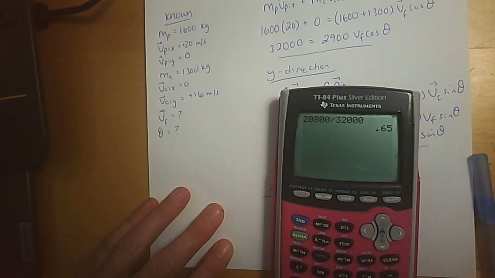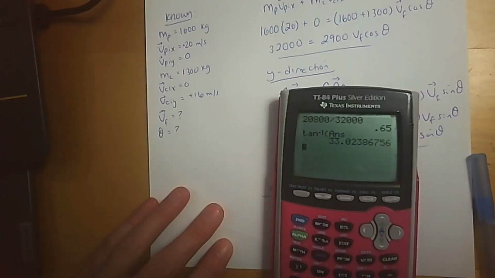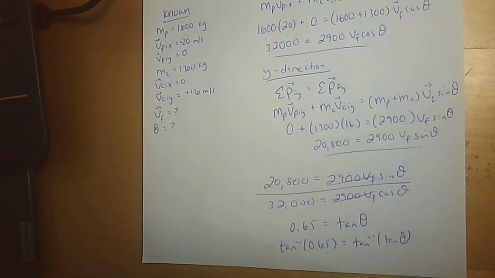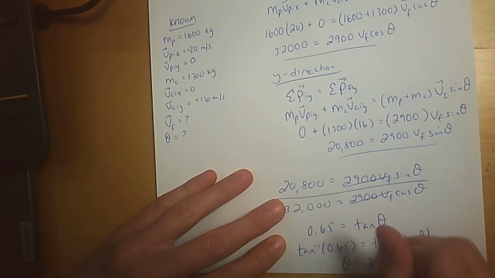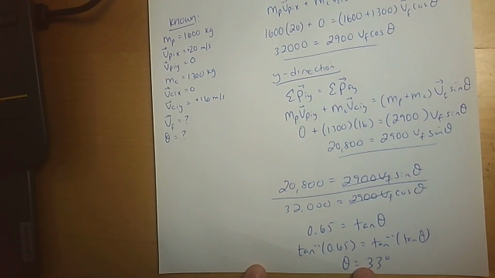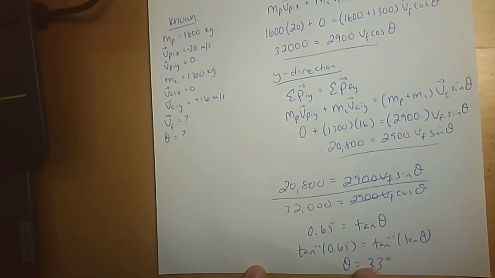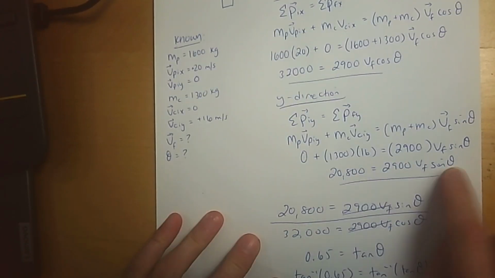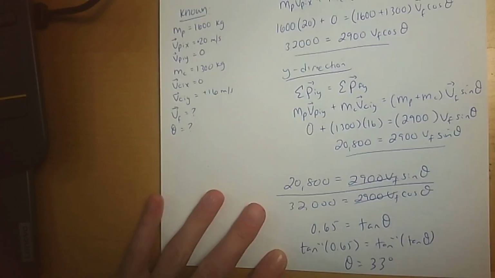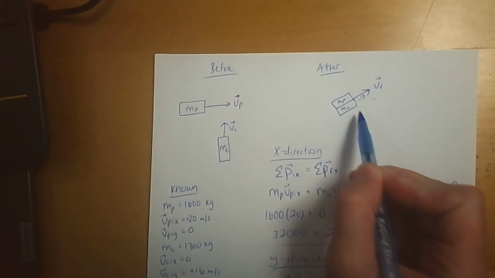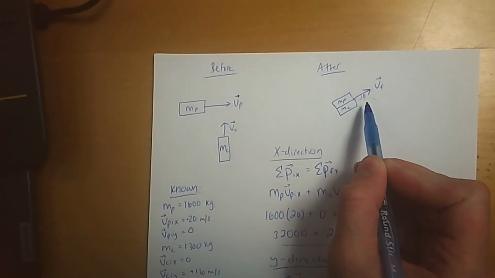So the inverse tangent of my answer gives me 33 degrees. So now I have one of my unknowns, and I can plug it into one of these equations to solve for v final. And I should know that this is 33 degrees above the positive x-axis.